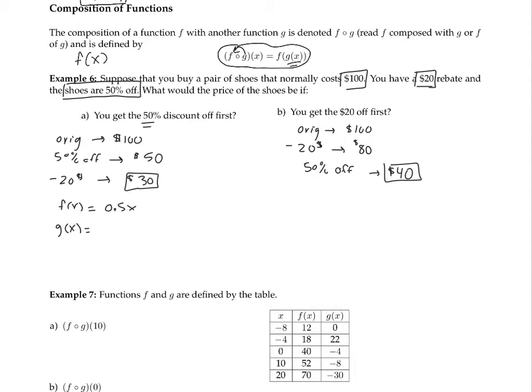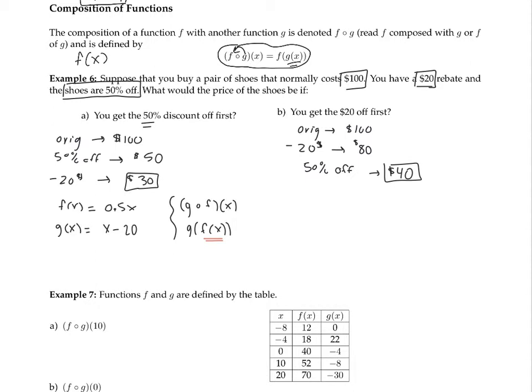If x is the original price, it'd be x minus 20. So doing the 50% off first corresponds to g of f of x, or g parenthesis f of x. Because you would work this one out first, and then once you've got an answer, you do g on it.